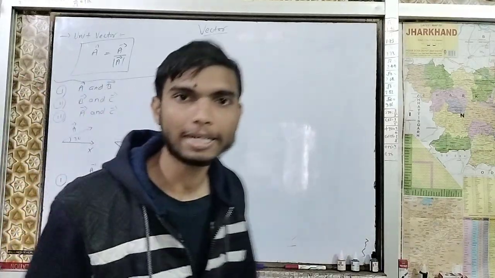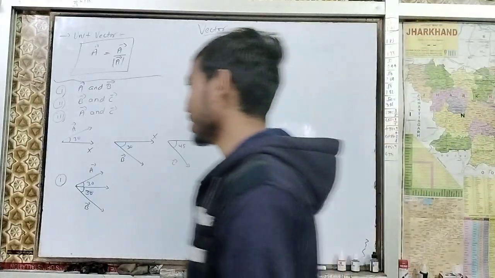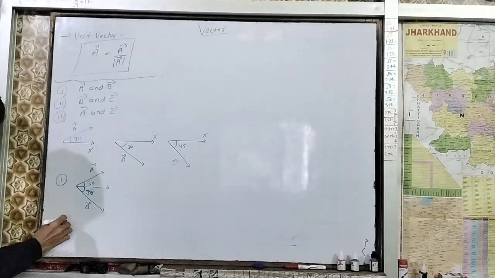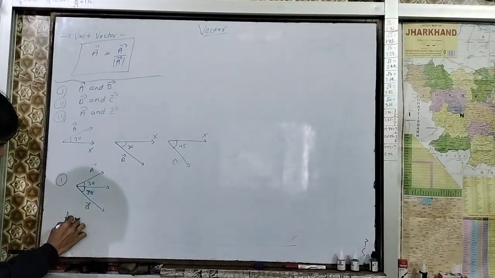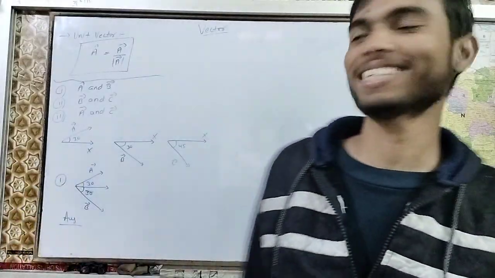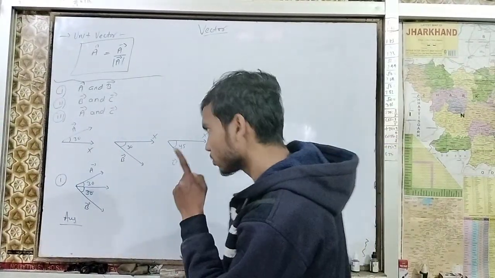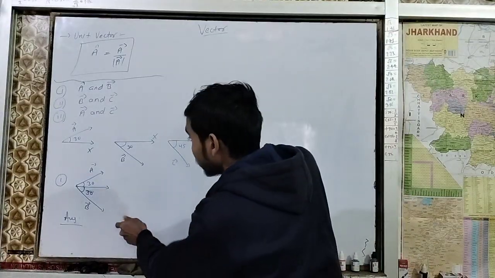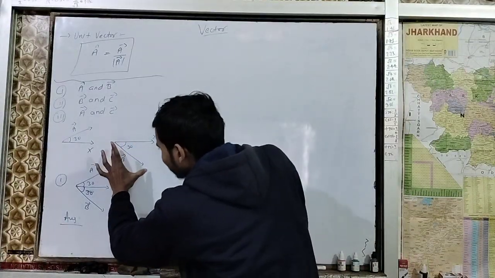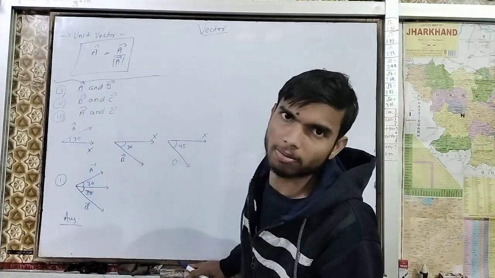Now, are you getting clarity? Can you tell the angle between them? Now it is easy. Look, the answer would be 30 plus 30, which is 60. The main thing was, it was confusing you. Right now, we just shifted this B vector with this initial figure.